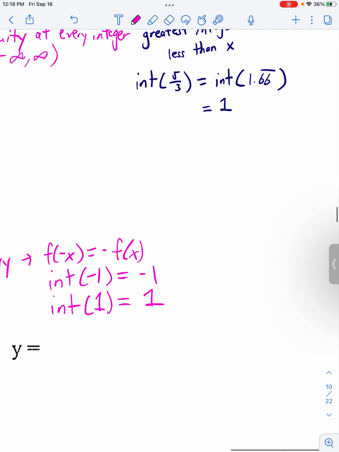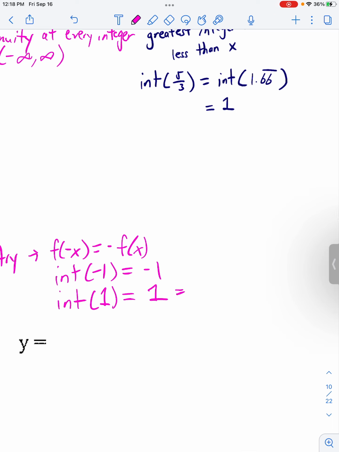So it holds, which is equal to negative int of negative 1. So int of 1 equals negative int of negative 1.